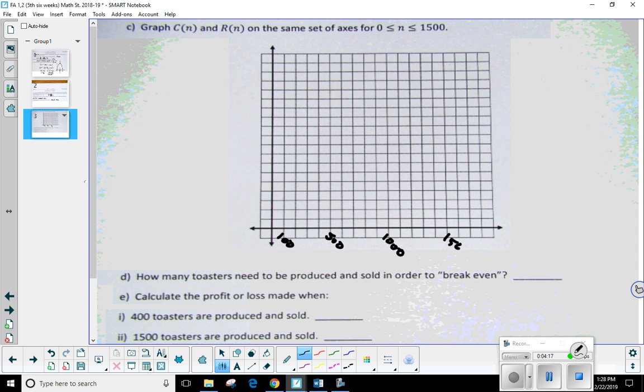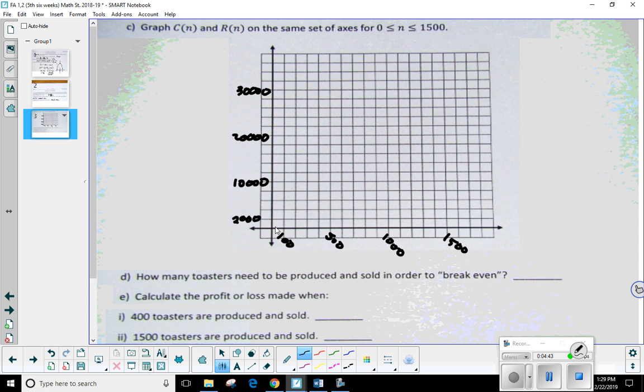So there's the 1,500. I believe I counted the vertical axis by twos, because we do want to be able to get to 37.5. So we're counting this by 2,000. So 4, 6, 8, 10,000, 12, 14, 16, 18, 20,000, 22, 24, 26, 28, 30.